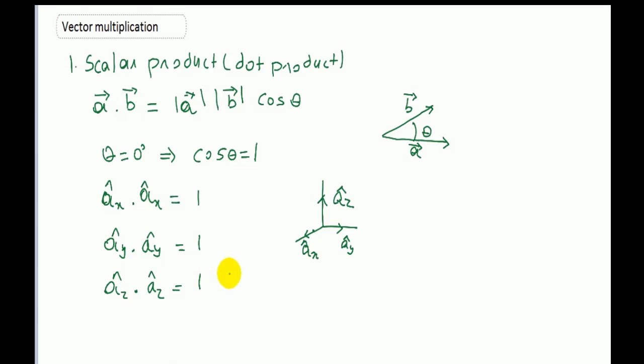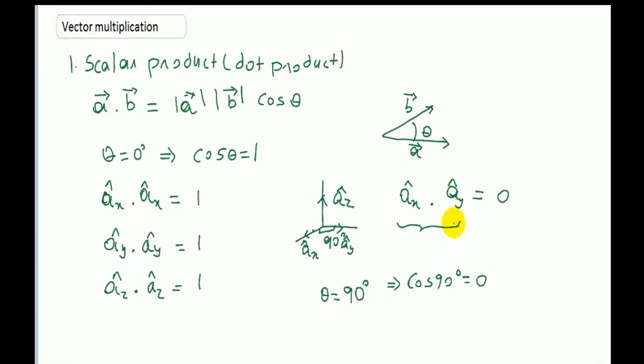Now if I do ax cap dot ay cap, this will become 0, as ax cap and ay cap are 90 degrees apart. The angle between them is 90 degrees, theta will become 90 degrees, and cos 90 degrees will become 0.